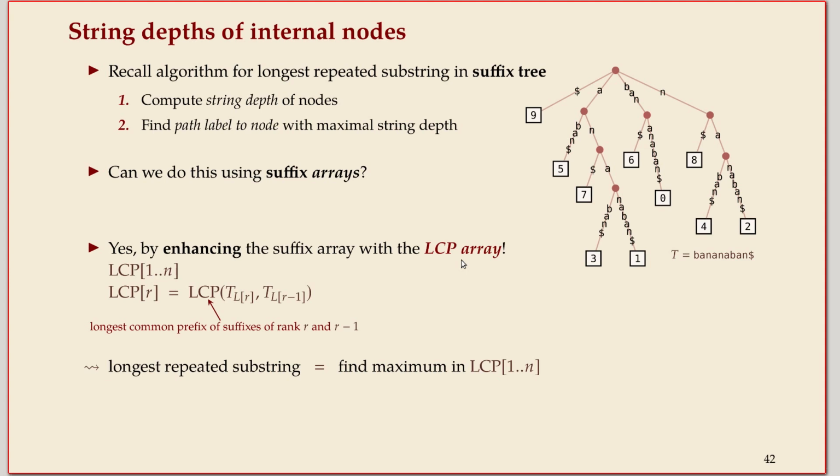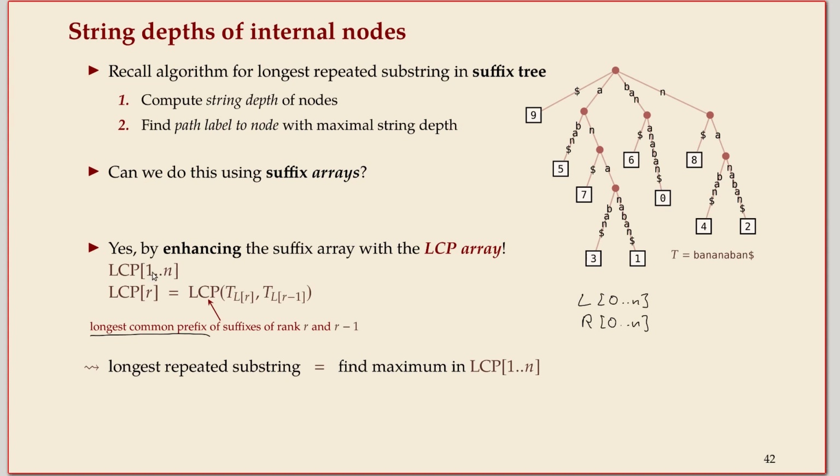So what is the LCP array? LCP, of course, stands for longest common prefix. We've had that abbreviation before. Now, this is an array that starts at 1, not at 0. Remember, L went from 0 to n, and the same for the inverse suffix array.